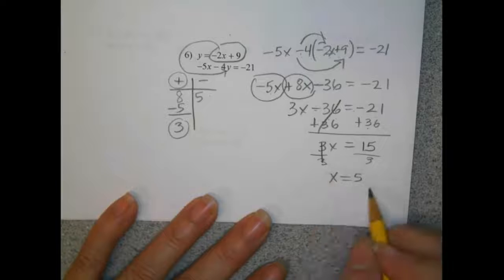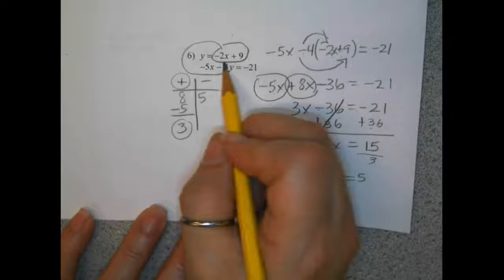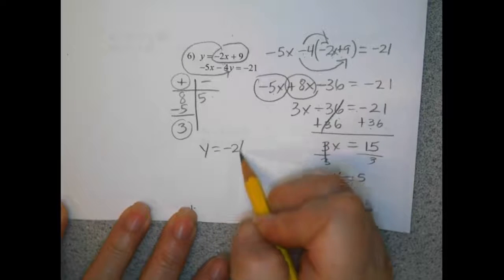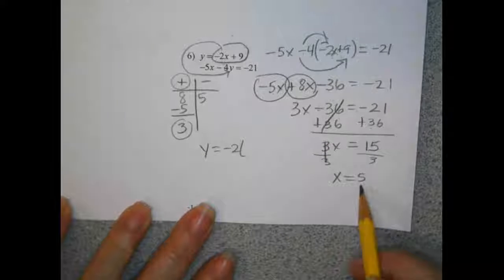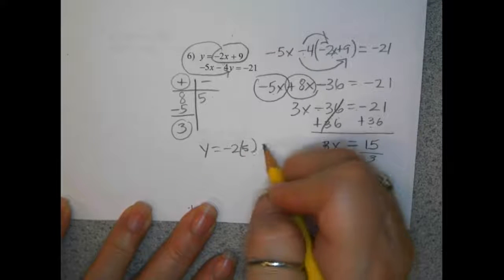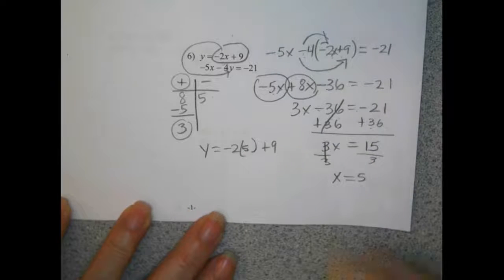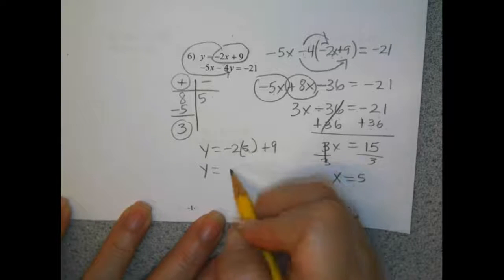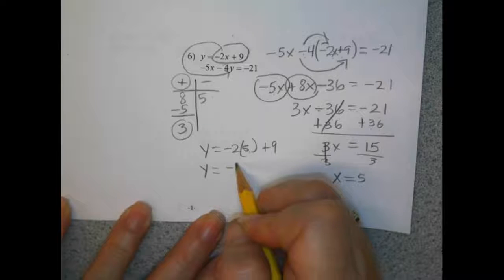I'm going to take my x is equal to 5 and substitute it into my equation. So y is equal to negative 2 times, instead of x, what am I going to write? 5. Plus 9. Right? Y is equal to, what's a negative 2 times a positive 5?